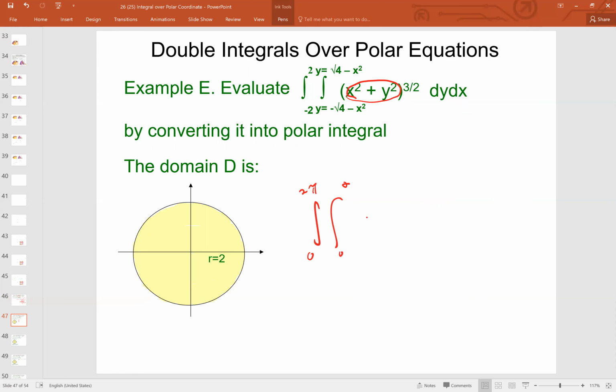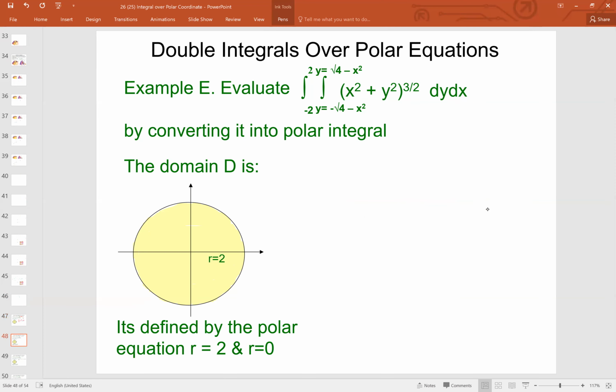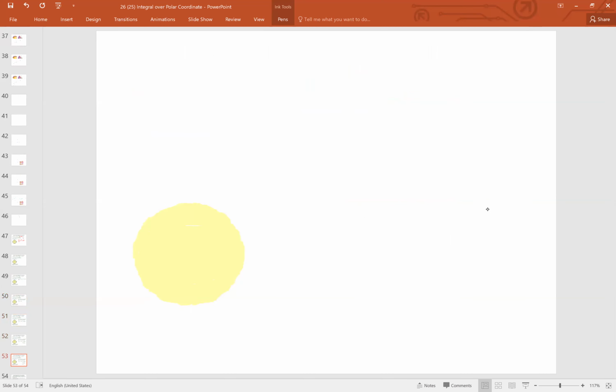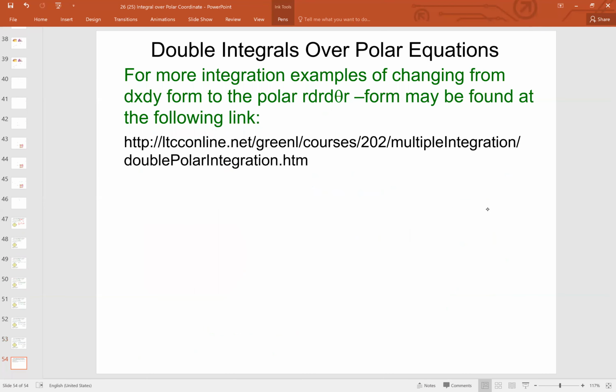And this, of course, is r squared, that is, x squared plus y squared, to the 3/2 power. And dA becomes r dr d theta. Okay. So that's the reformulation. And then the rest you can calculate. It's pretty straightforward.